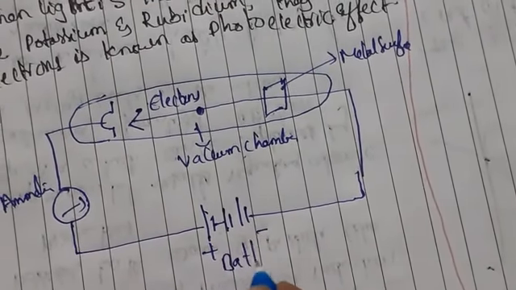If electrons are to be ejected from the metal surface, the light should have a certain frequency. At least with that minimum frequency, the electrons can be removed from the metal surface. This we call the threshold energy.